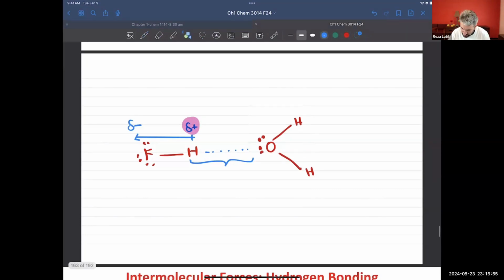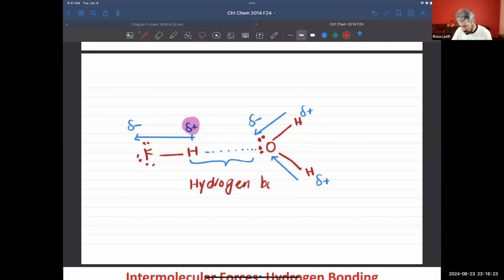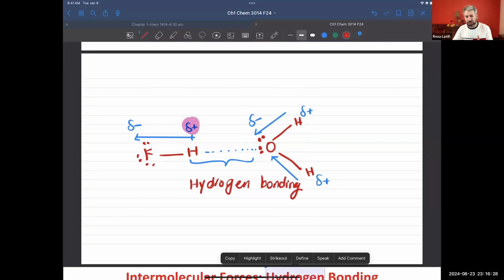Clearly oxygen has a negative charge, and hydrogen has a positive charge. One of the lone pairs of oxygen will interact with hydrogen, and that interaction we call hydrogen bonding. So how do we get hydrogen bonding?